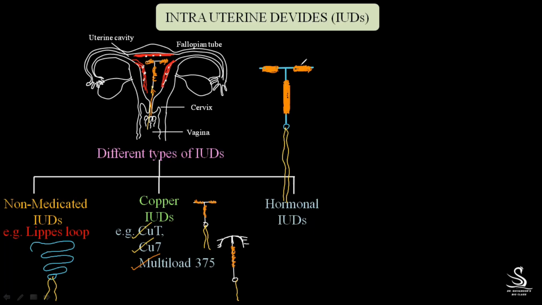It means that even the Copper Ts help in increasing sperm phagocytosis. And in addition to that, the Copper Ts help in decreasing sperm motility.